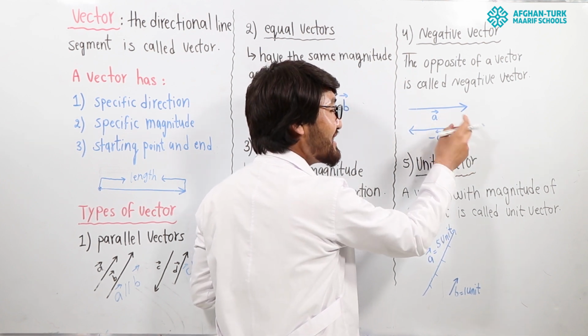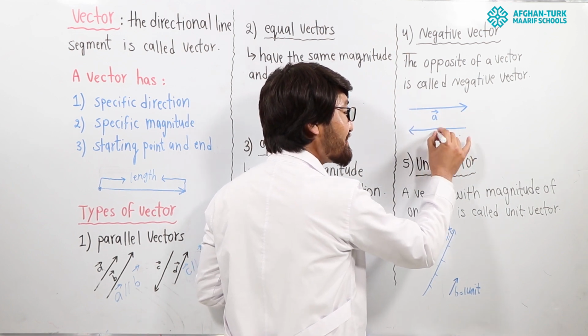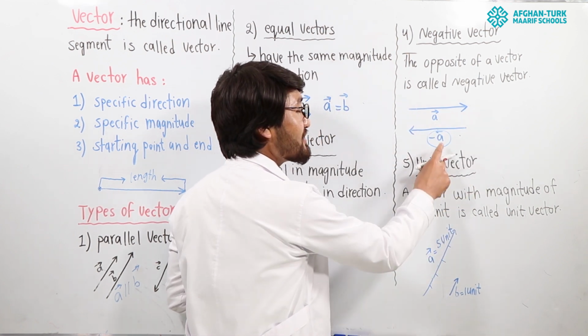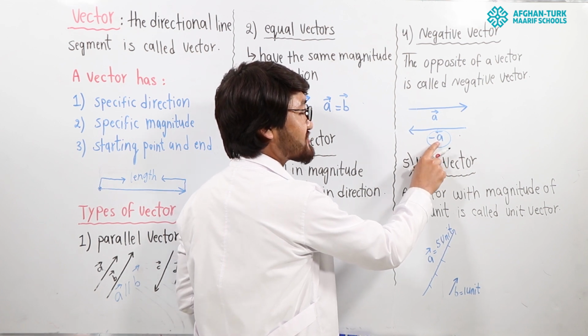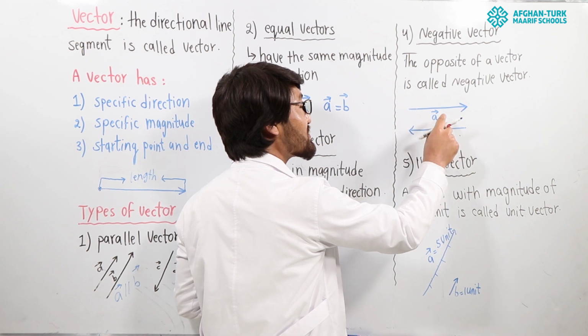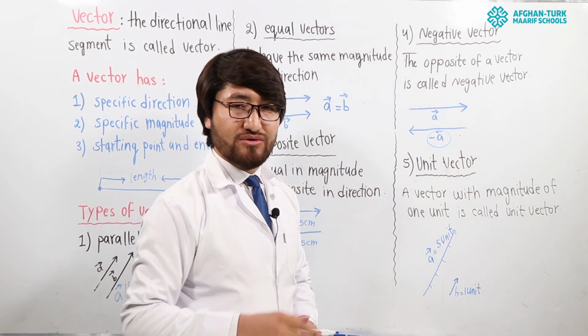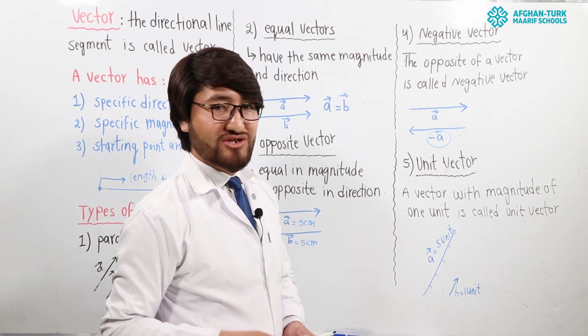This is vector A, and I change the direction of vector A. Here we have the negative vector, minus A, of vector A. For finding a negative vector, we just change the direction of the vector.